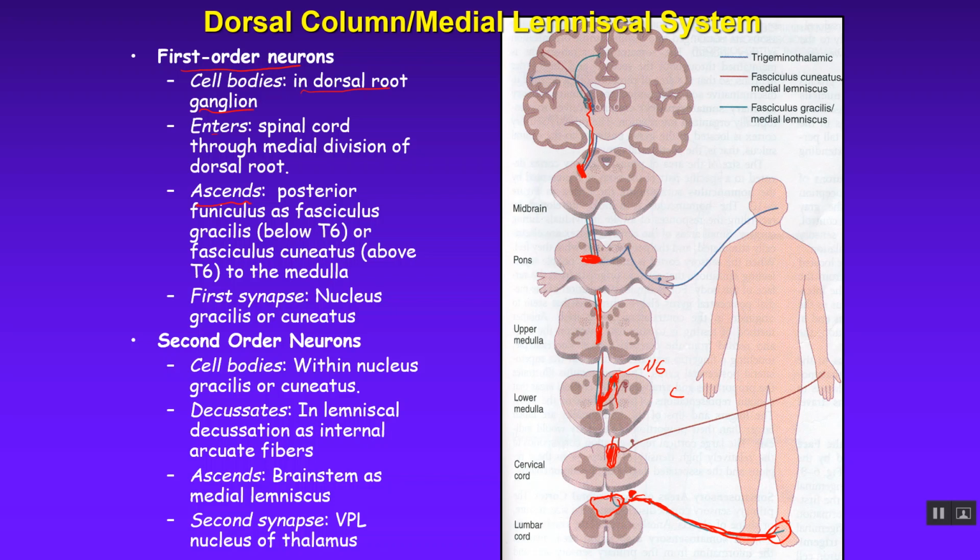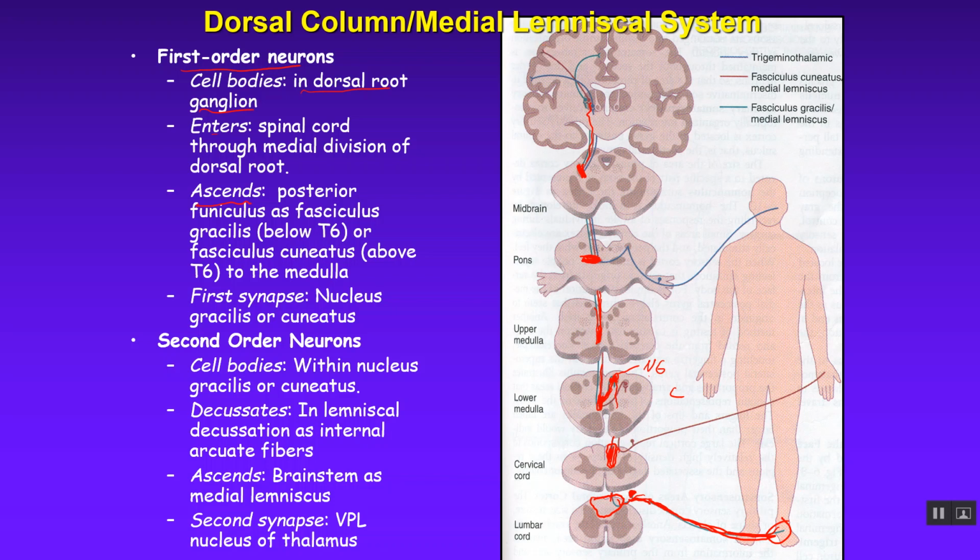Then from the VPL, that neuron cell body is going to project an axon to the appropriate region within the brain. Now this picture actually is wrong. It's showing that red, which is coming from, oh no, that is not wrong. I'm sorry about that.